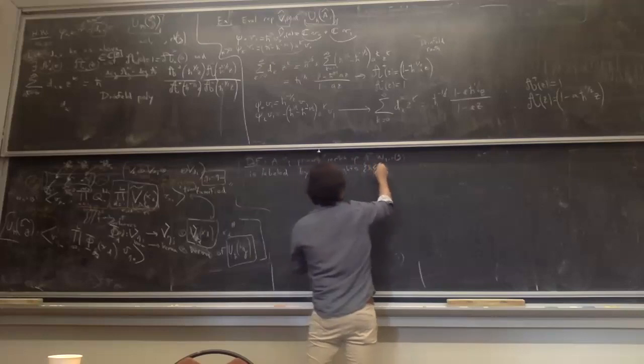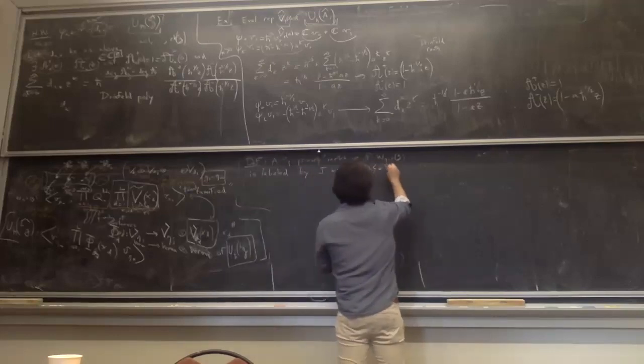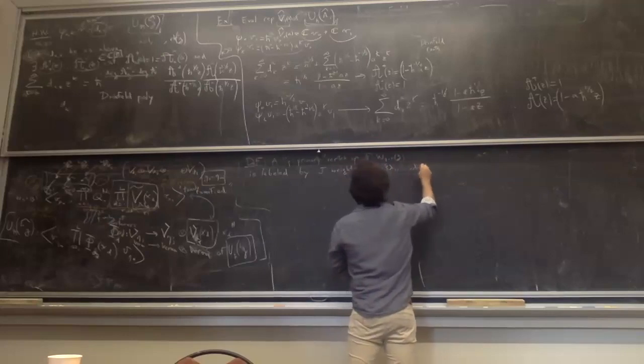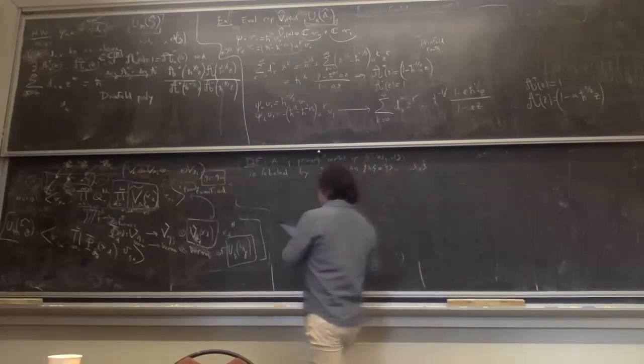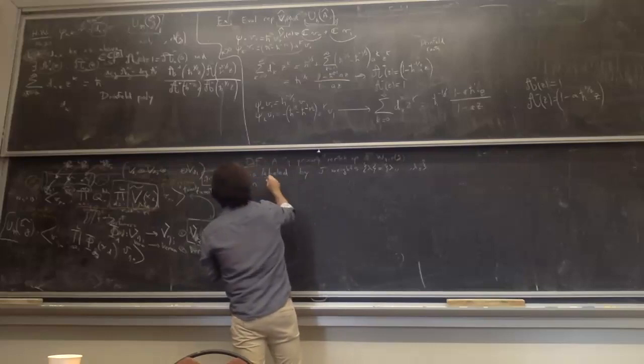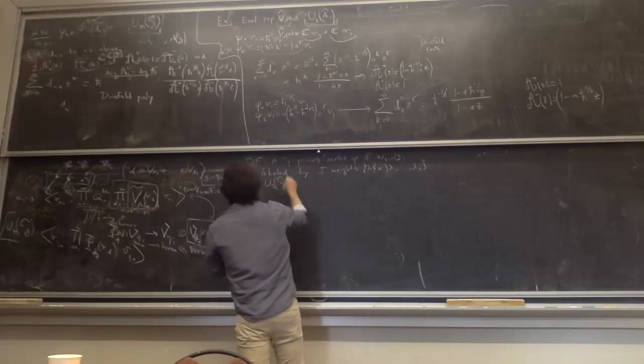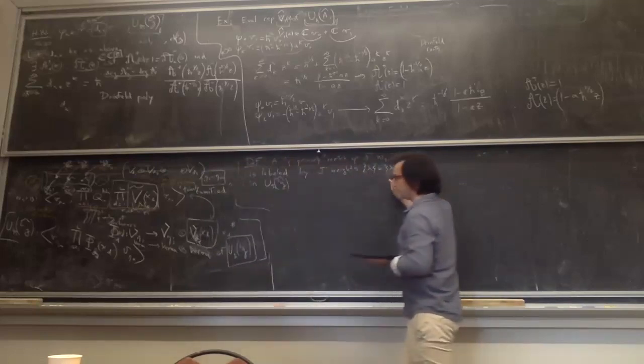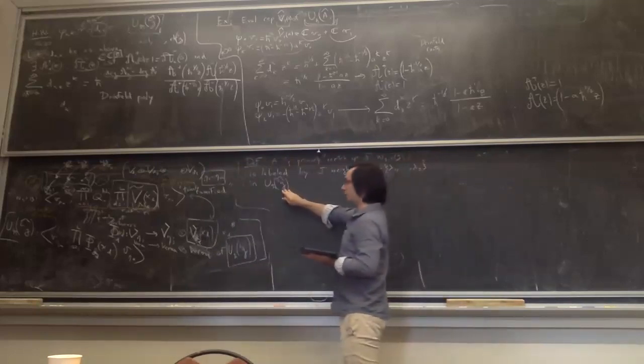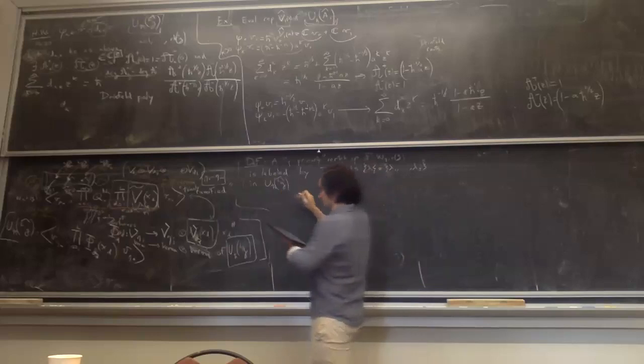lambda. So the D's I wrote as lambda. So these are weights of finite-dimensional representations inside the fundamental representations. In particular, they're only in the loop algebra.